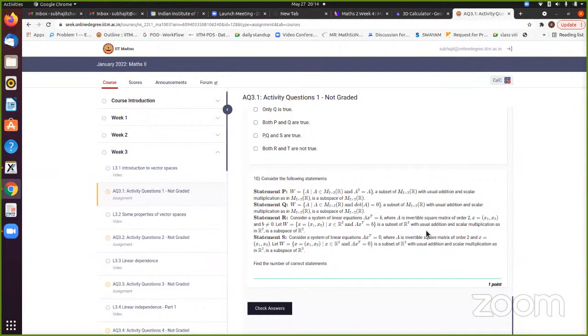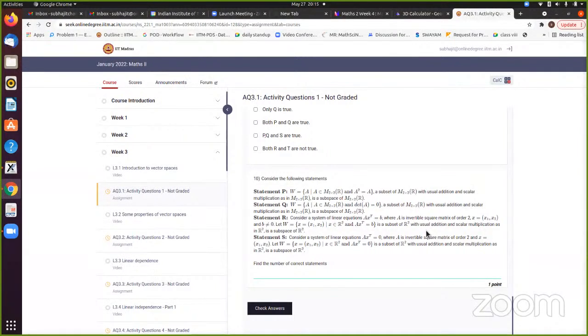I'm confused when similar options are there, or after I get the solution, I understand. But when these kinds of options appear, I keep making mistakes. I can't do that question when I'm solving. No, if you see statement P, the first statement, A square equal to A, right?